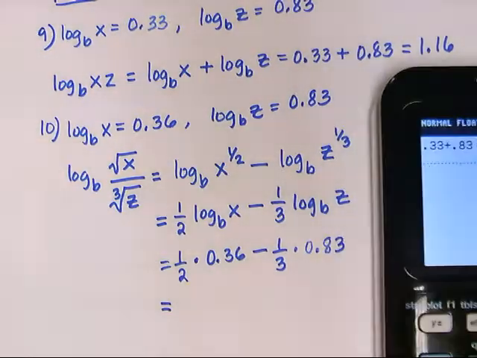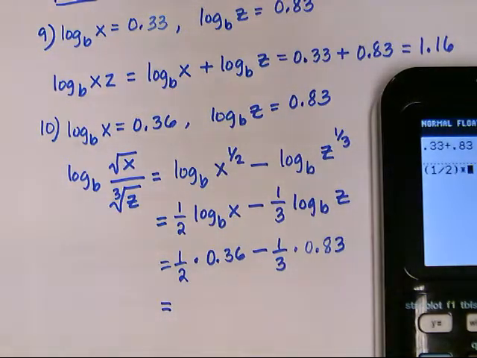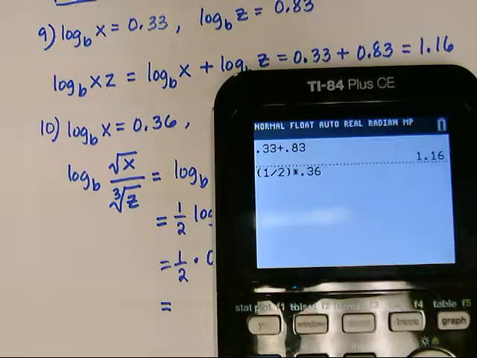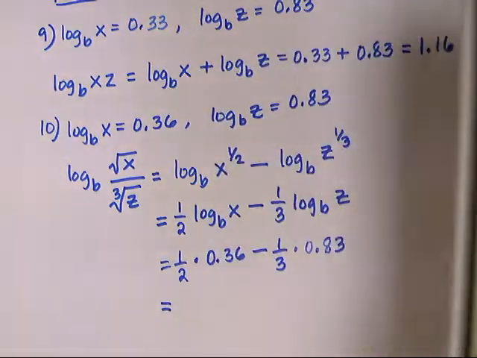Okay, so let's see, I'm going to do 1 divided by 2 in parentheses times 0.36 plus 1 divided by 3 times 0.83.